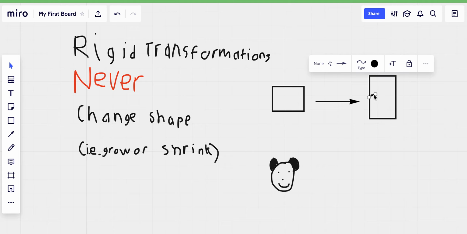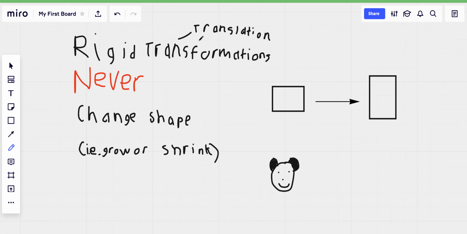Which means that when you have a shape and it undergoes any type of rigid transformation, which, by the way, includes translations, reflections, and rotations, it never changes. So essentially, it's almost a trick question, which sounds kind of weird, but it will never change shape.